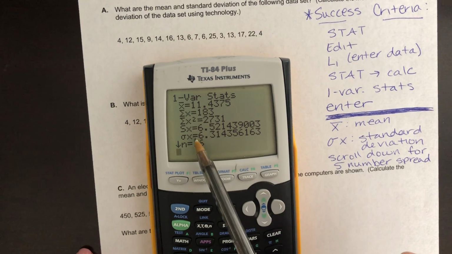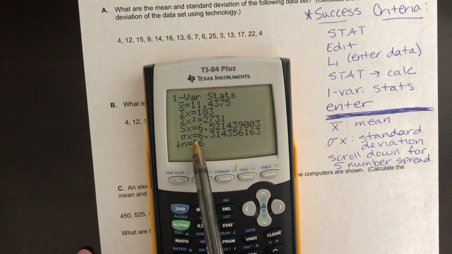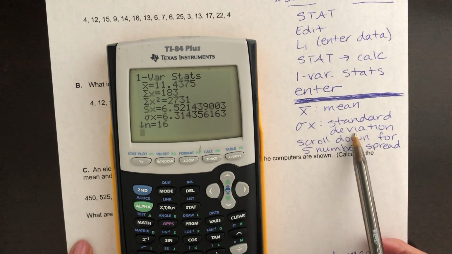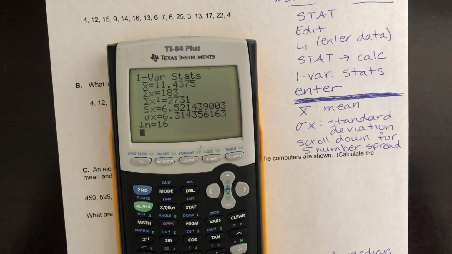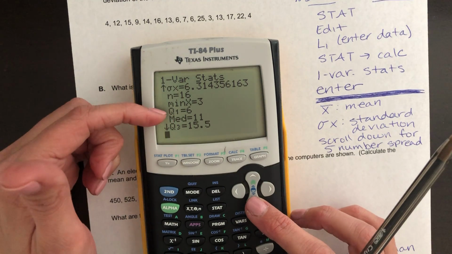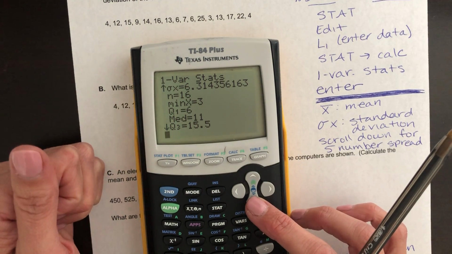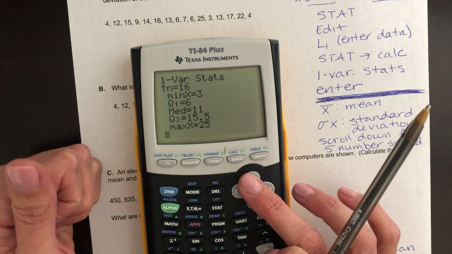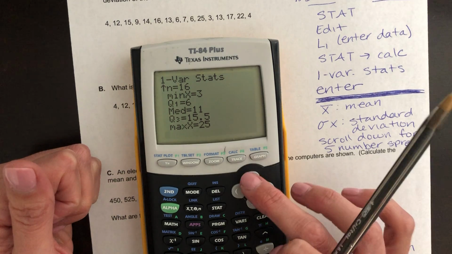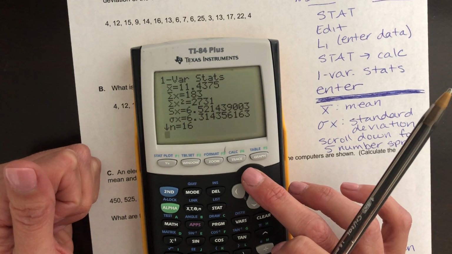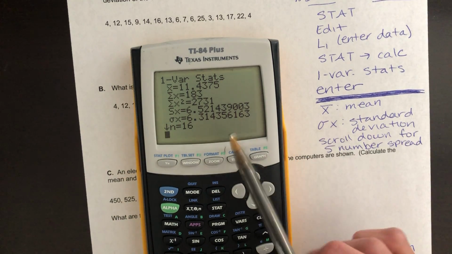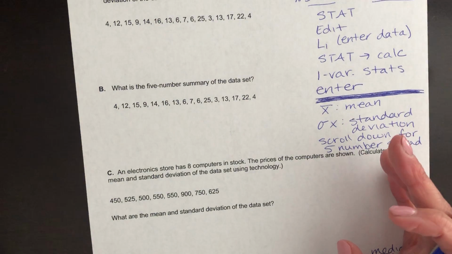And then your standard deviation is this σx here. X bar is the mean, σx is the standard deviation. And if I wanted all my data, I can keep scrolling down here, and it gives you the first quartile, the median, the third quartile, and so on. I'm going to scroll back up, and then I would write down my answers based on what I got there.